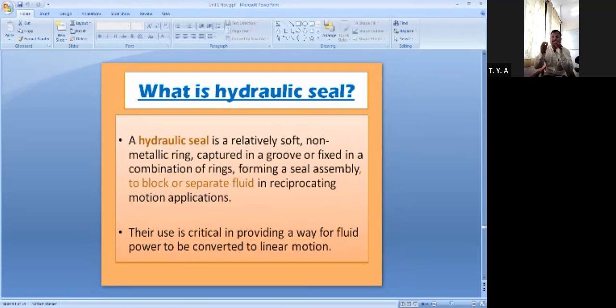We implement the hydraulic seal to block the separation of fluid in reciprocating motion applications, that means to avoid leakage. Its use is critical in providing a way for fluid power to be converted into linear motion. So the seal is very important.